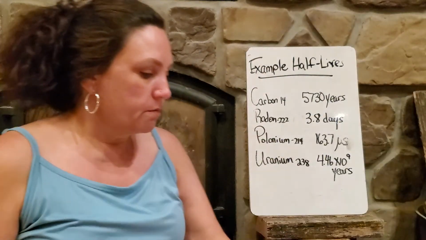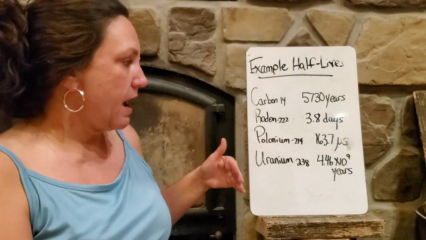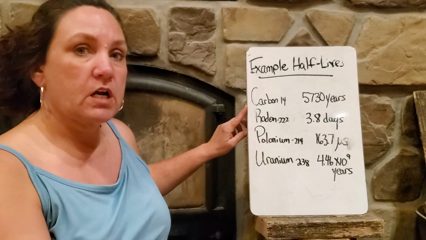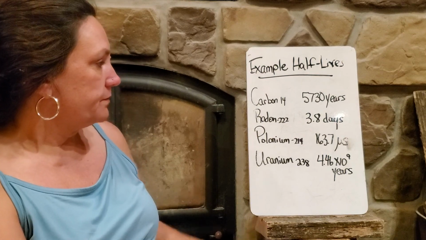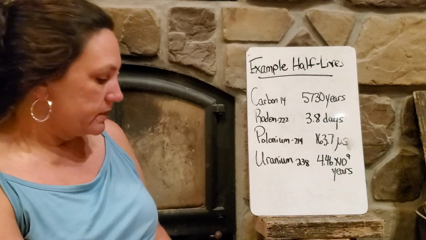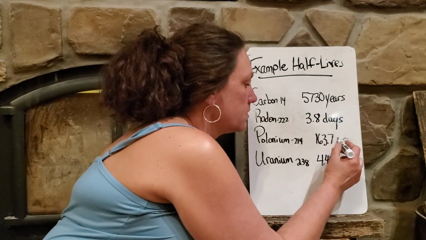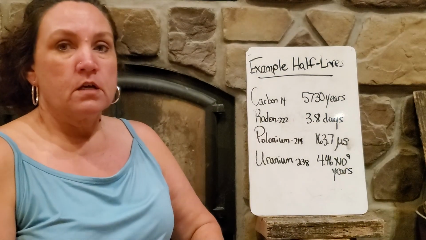So I kind of mentioned before some half-lives. So I looked up some half-lives, and this is what I got. Carbon 14, which we'll talk about here in a little bit, 5,730. Here's one in days. This got smeared. This is microseconds.